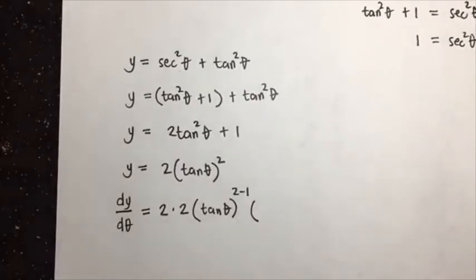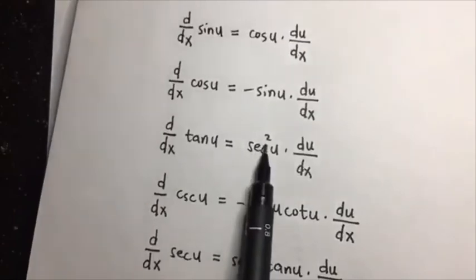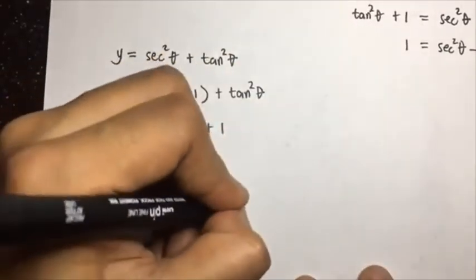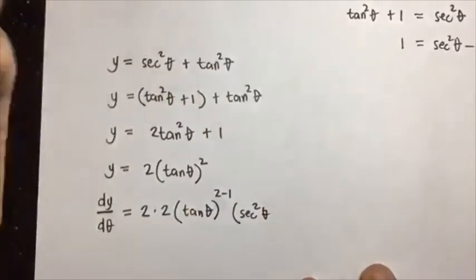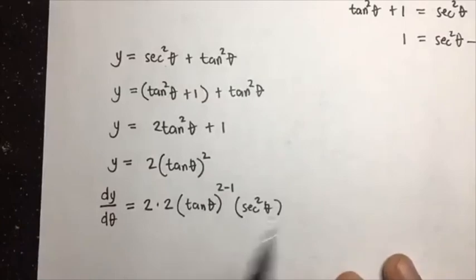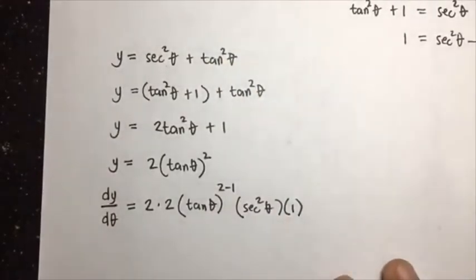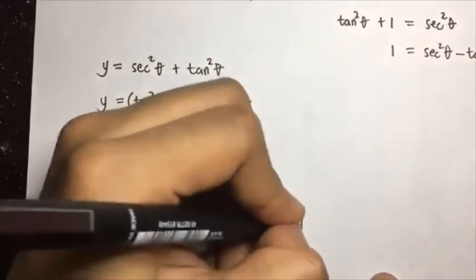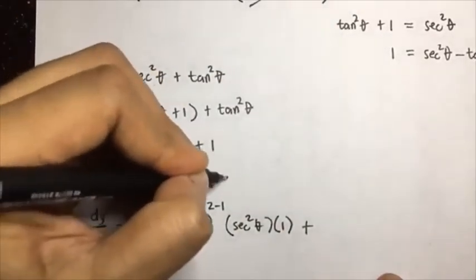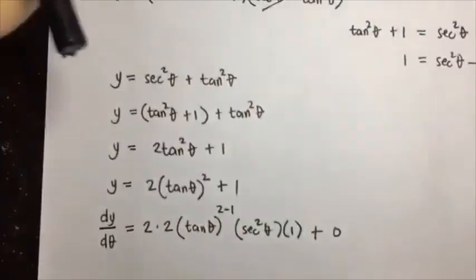From our formula, the derivative of tangent theta is secant squared theta multiplied by the derivative of theta with respect to theta, so that is 1. And then of course plus, we forgot the plus 1, sorry. So plus the derivative of a constant is 0.